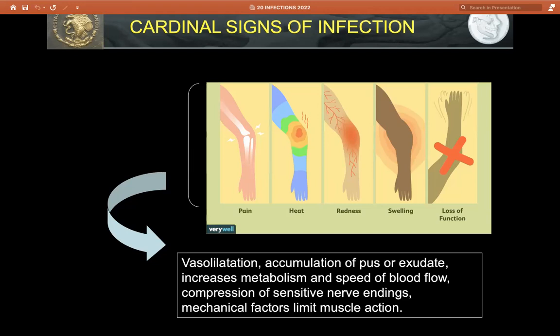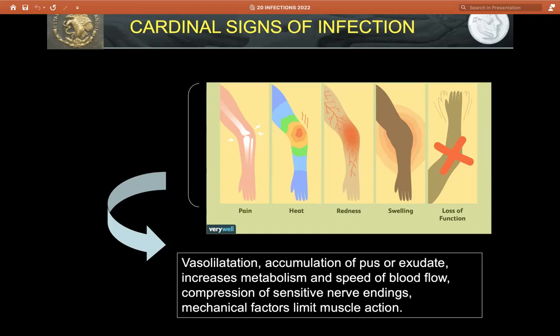So as an example, if we have a surgical procedure or infection, we'll need blood to fight the bacteria or repair the area of the surgery. So we have vasodilatation, we have accumulation of pus or other exudate, and we'll have an increased metabolism, and we'll have a high speed of blood as well.